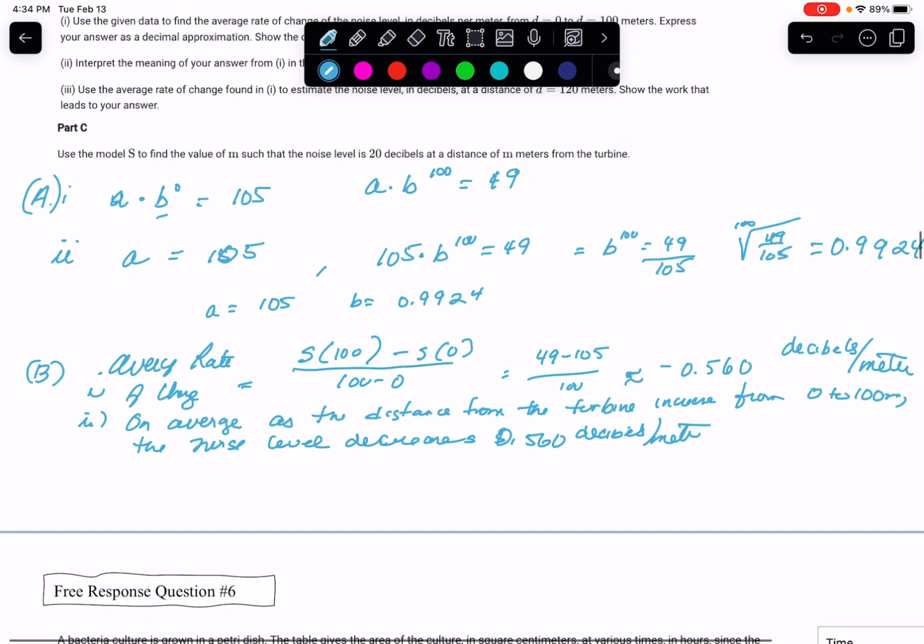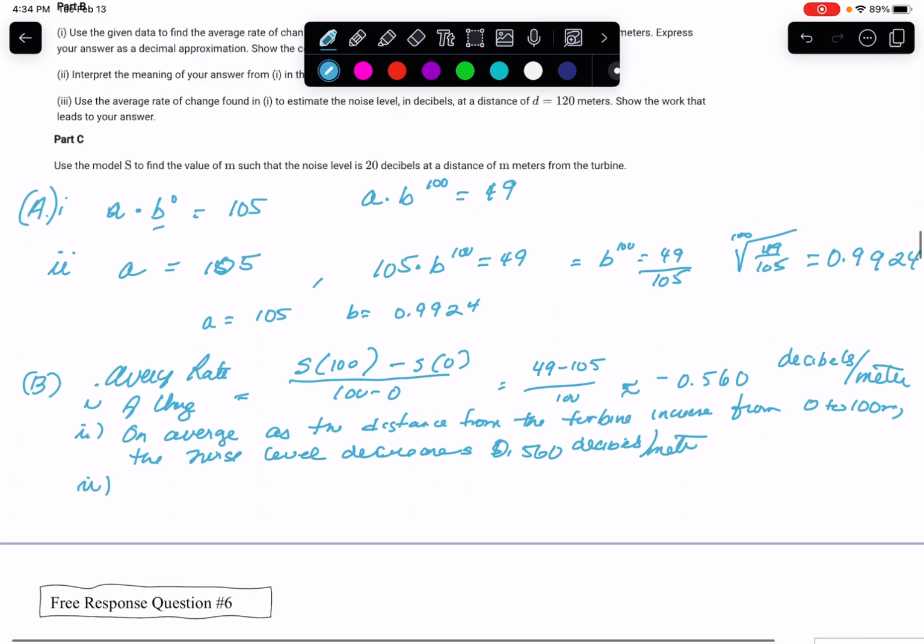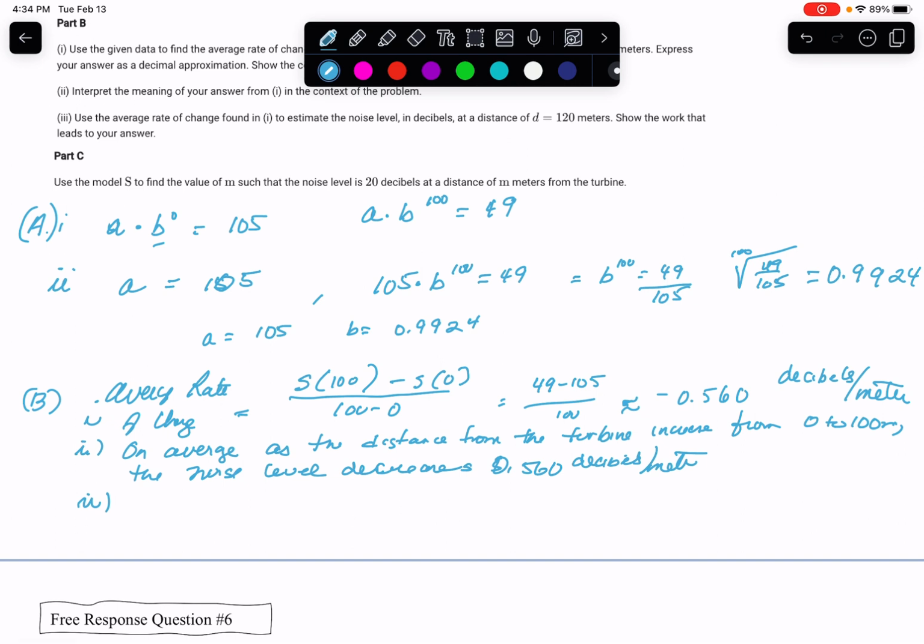And then the third part says use the average rate of change found in I to estimate the noise level in decibels at a distance of 120 meters. So they're wanting us to write the equation. So M is going to equal negative 0.560.